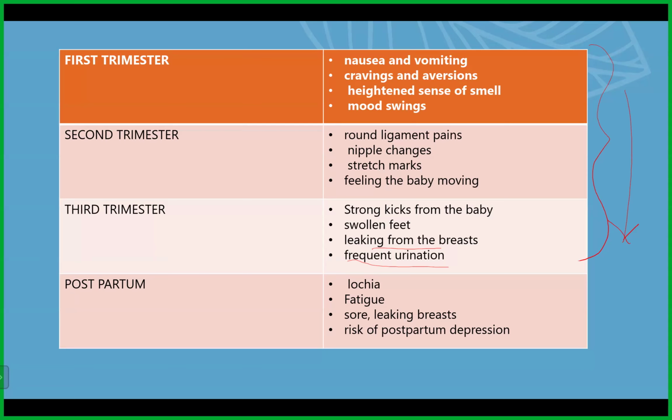Some people have some discharge from the vagina, which is normal, right? Lochia is similar to that. It starts from blood color, and gradually as the days progress it lightens and becomes a normal whitish discharge. Okay, so that's about lochia.